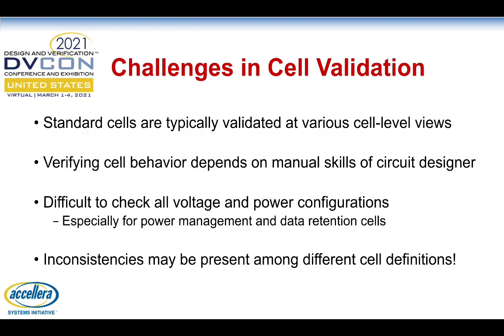Especially challenging are the power management and data retention cells, which must be checked thoroughly for voltage and power configuration in addition to their logic functionality. As a result, when these cells are extracted into various models, any inconsistencies present in these models can go unchecked during library development and only get captured later during their usage in IP or SoC.